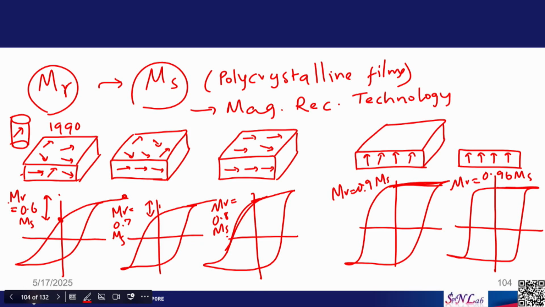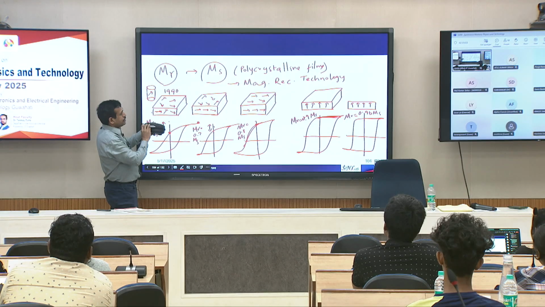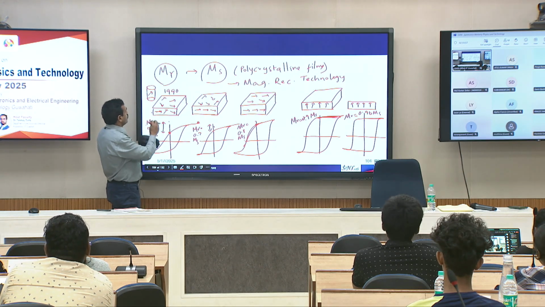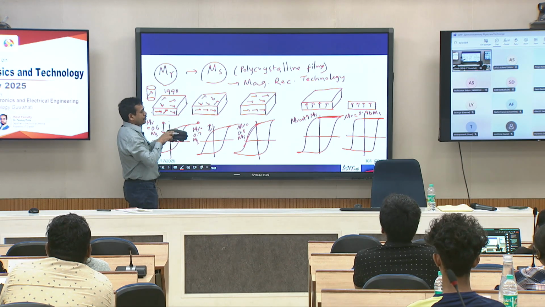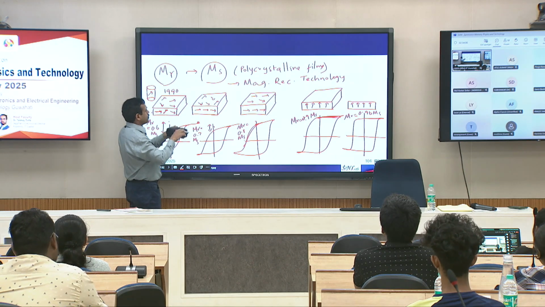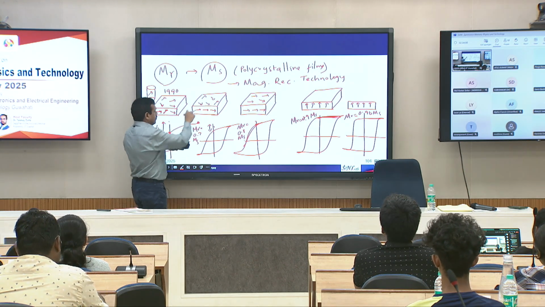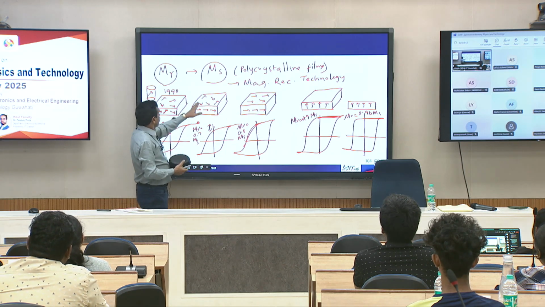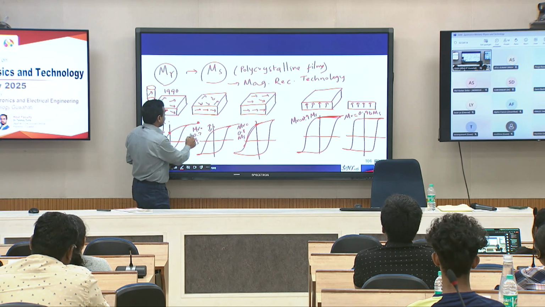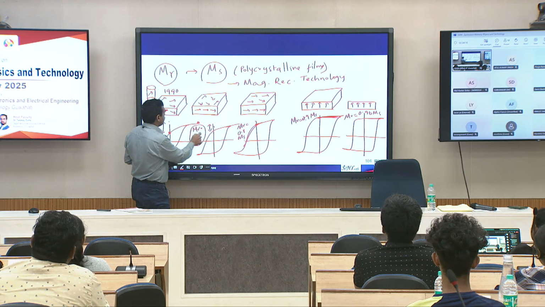For example, they can minimize the randomness of the easy axis away from the parallel direction. So the randomness is reduced, more easy directions are parallel to the disk surface, but still within this plane there is randomness. In this case you can see the MR approaches around 0.7 times MS.